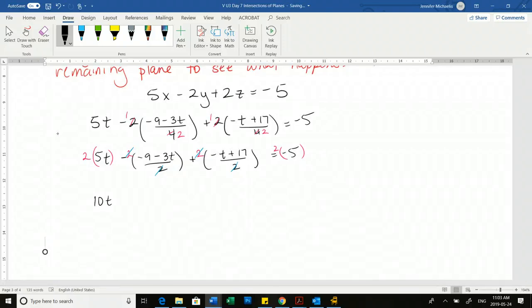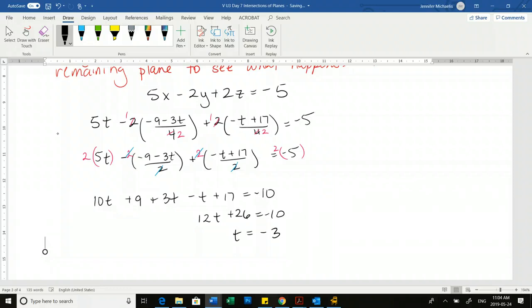So we'll have 10t plus 9 plus 3t minus t plus 17 equals negative 10. Then your job is to gather all the t's and solve. I think we get 12t plus 26 equals negative 10. And when we isolate, t ends up giving us negative 3.